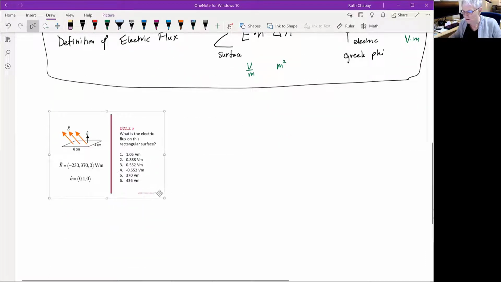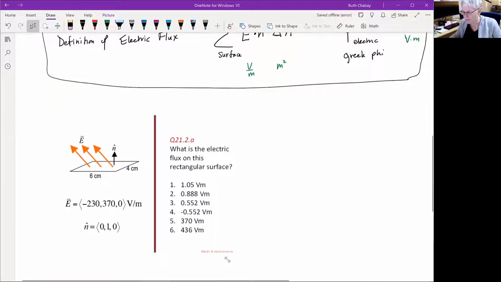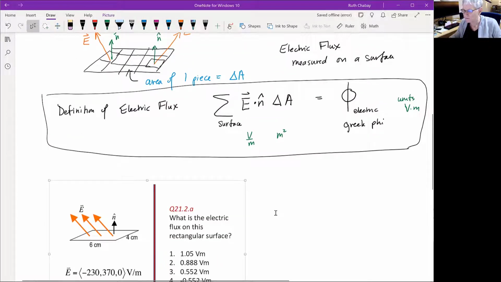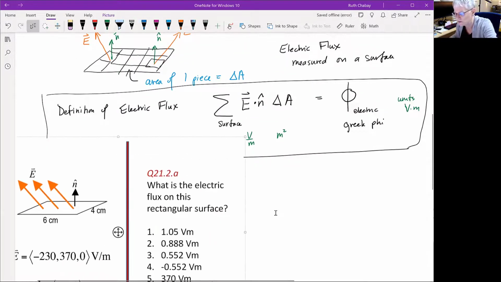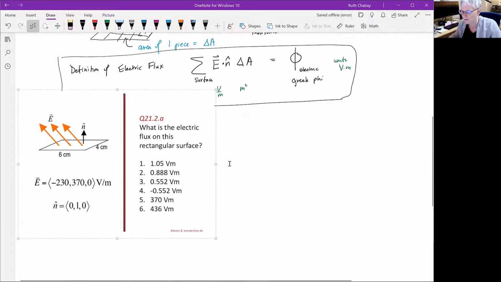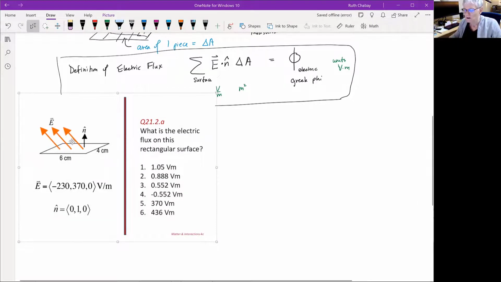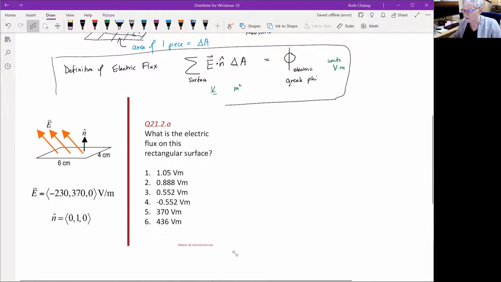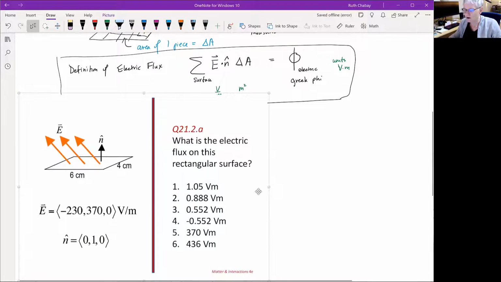So here's our question. We have a rectangular surface here. The electric field is uniform over this surface, and is negative 230, 370, 0 volts per meter.